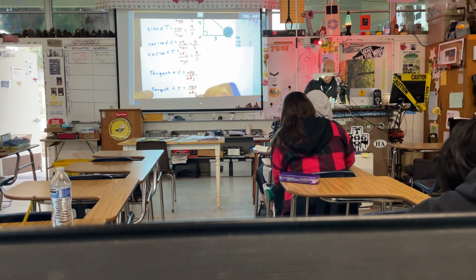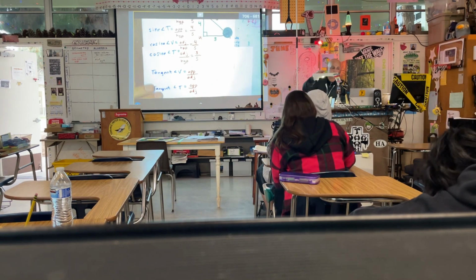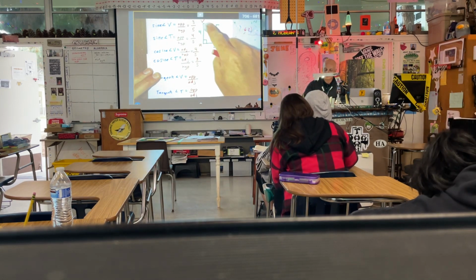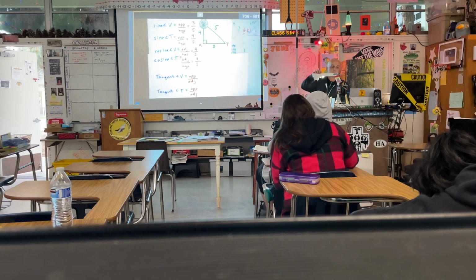I want you to take your dime and place it on both, the V and the T, and this time you give me the opposite and adjacent for both of these with the 3, the 4, or the 5.